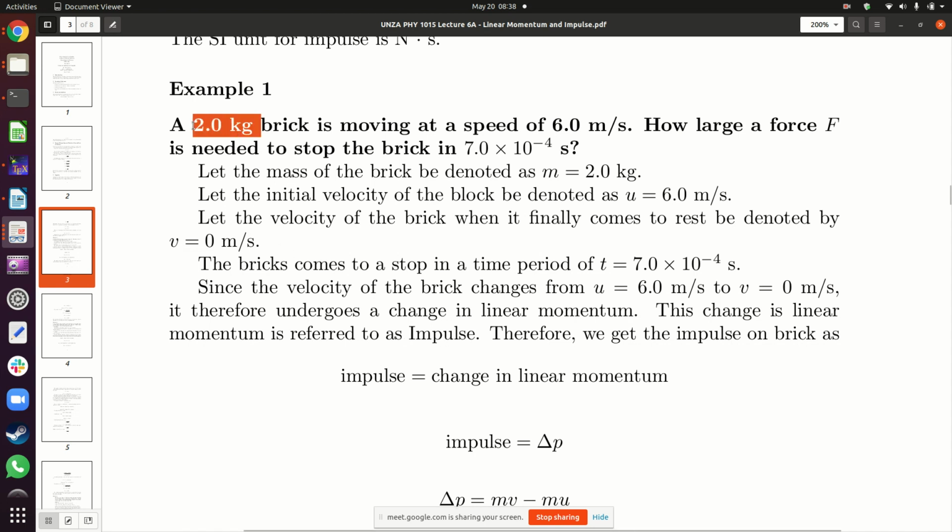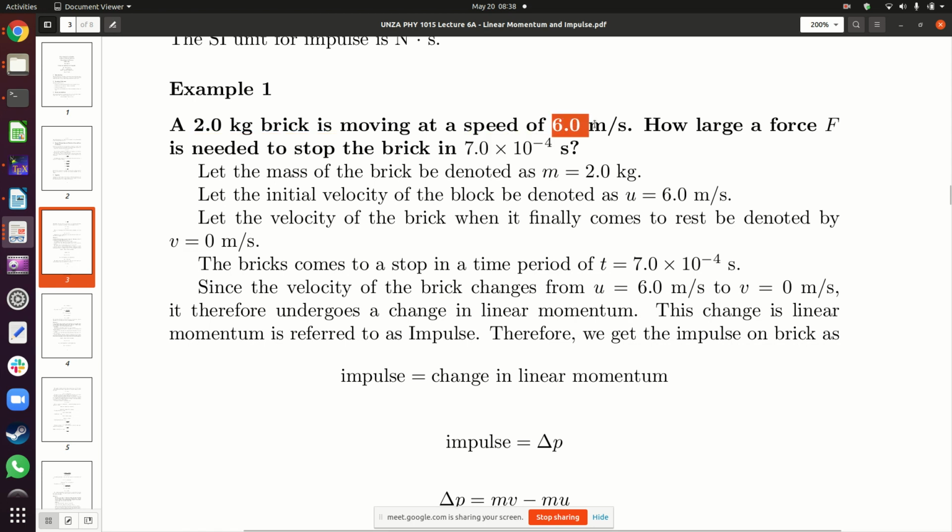It was moving at 6 meters per second, so this was the initial velocity. It comes to a stop, so the final velocity is 0 meters per second, and the time it takes to stop is 7 times 10 to the power minus 4 seconds.